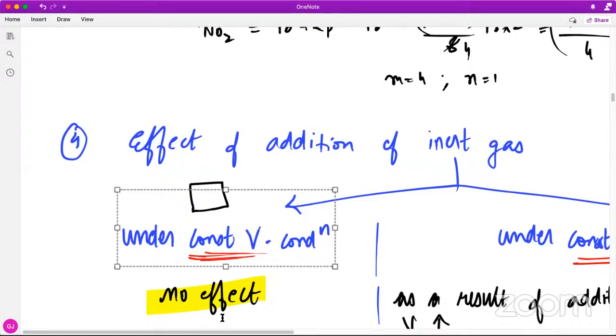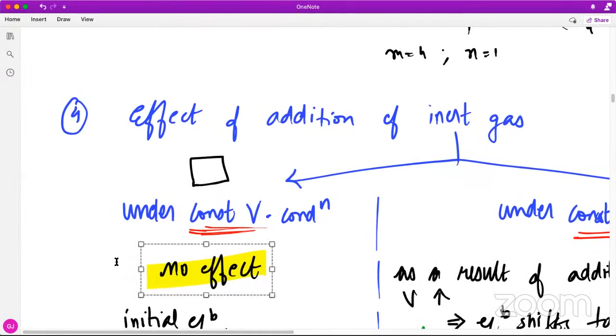The answer is no effect. That is a straightforward answer to start with. How is there no effect? We can understand this based upon the QC value.